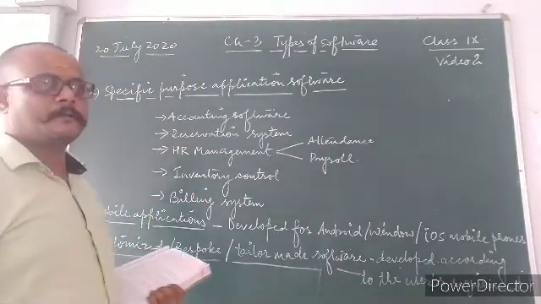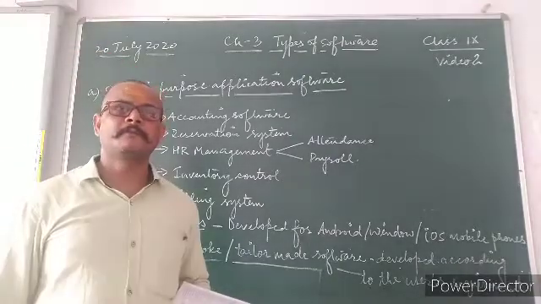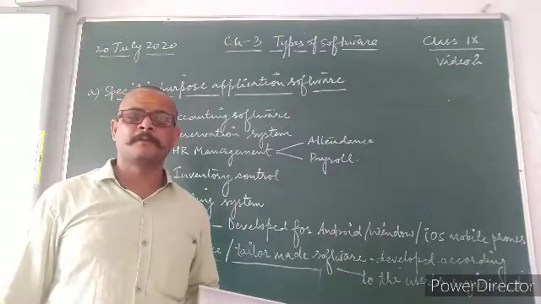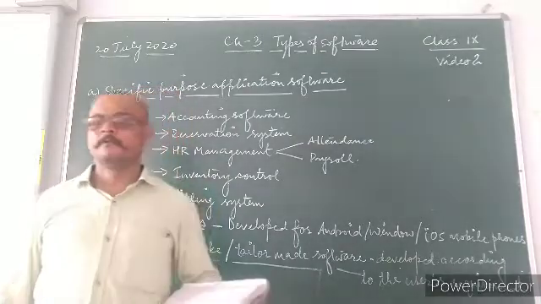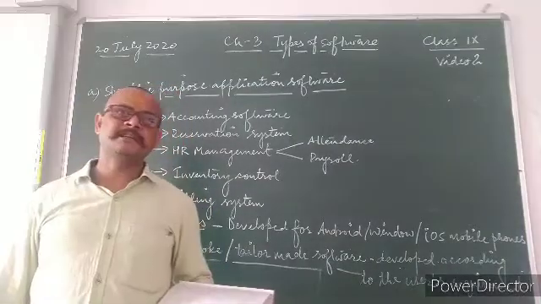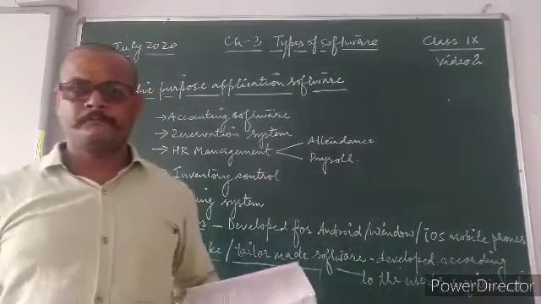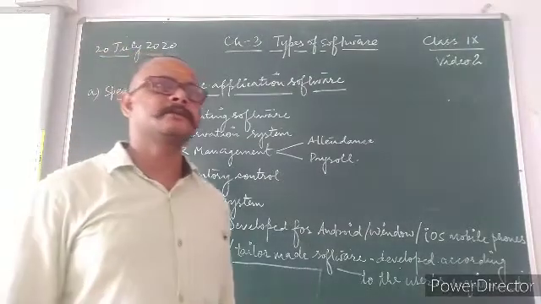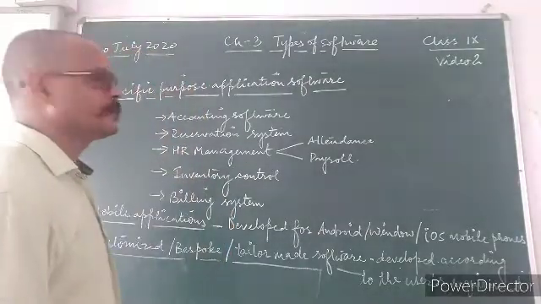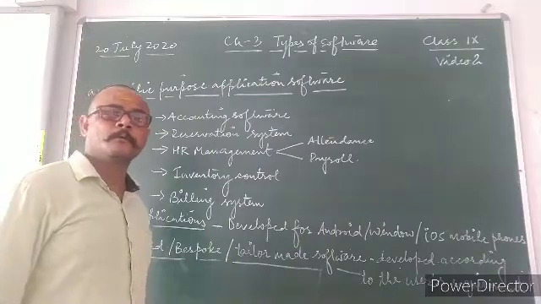Reservation system, as I told you earlier. Whenever we have to travel from one place to another through a train, we have to book our seat before the journey, and for that we go to the railway station to book our seat.